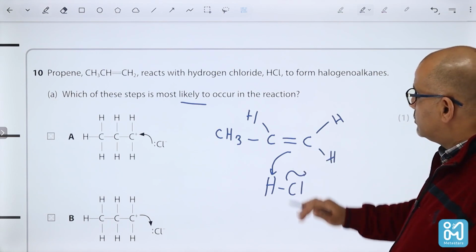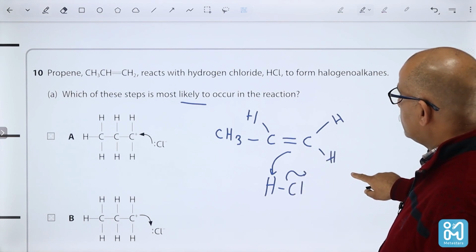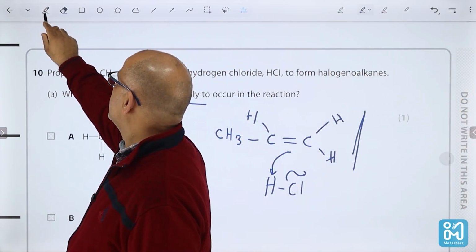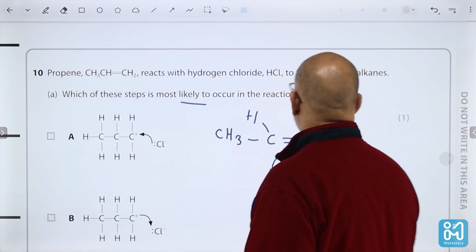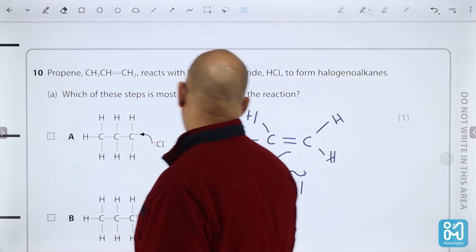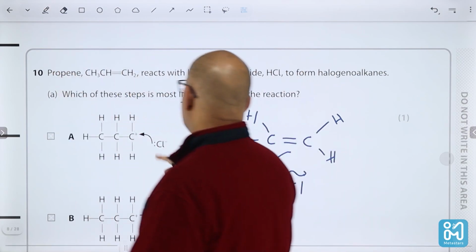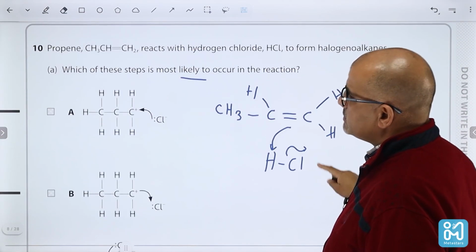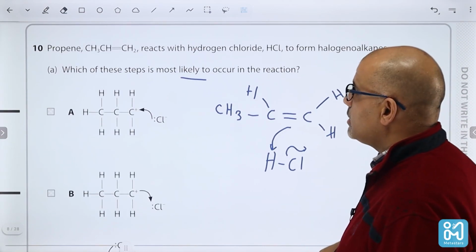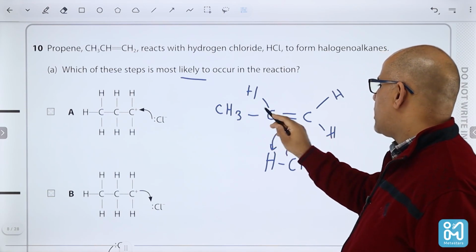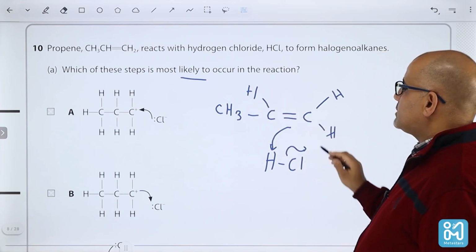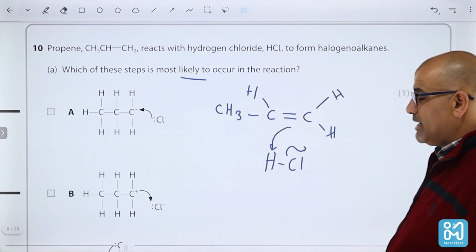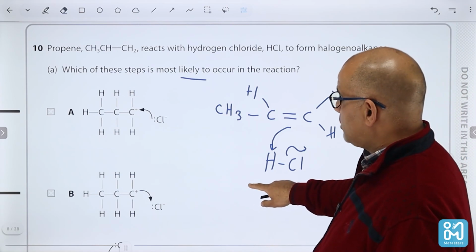Here it's better to select the chlorine to be attached to the secondary carbocation rather than the primary. So the first one is incorrect because it is for the primary carbocation. Here we have 1, 2, 3, and if the hydrogen is added to this carbon, then the primary carbocation is a possible attachment.